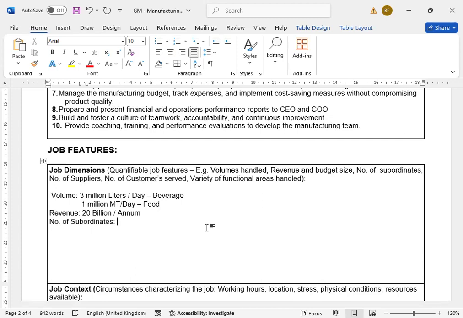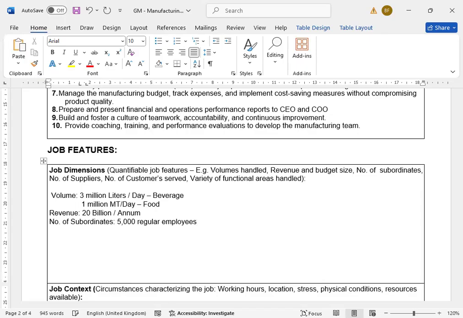That's why it's very important that you put here the number of subordinates. For example, a supervisor will only have maybe 10 or 20 employees under him. So that's not as big. But for a general manager, let's say 5,000 regular employees under him, that will add to the score he will receive, and the size will increase.